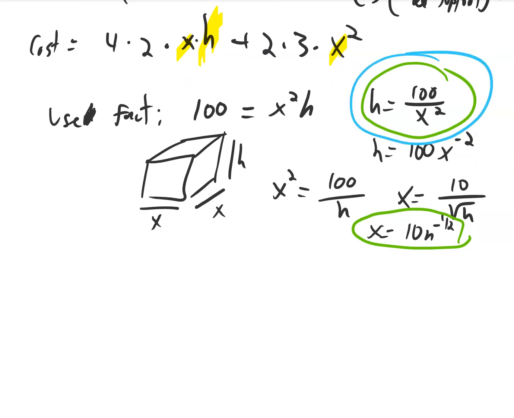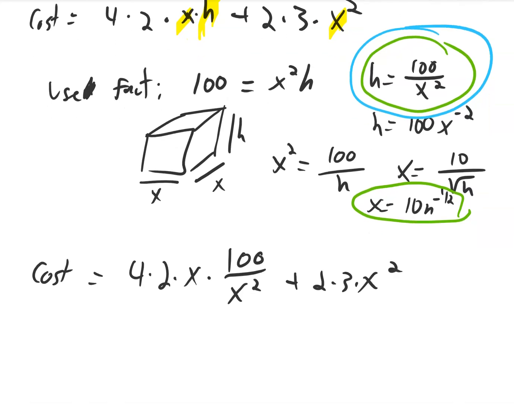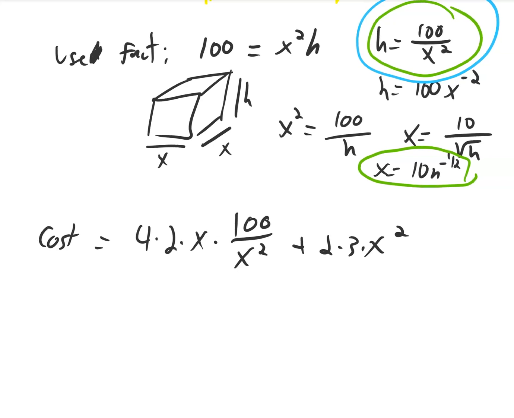All right, let's see what we get. So the cost equals 4 times 2 times x. Now I'm going to replace h with 100 over x squared. And then we've got plus 2 times 3 times x squared. Now we have a function with only x's. Now we're in business.